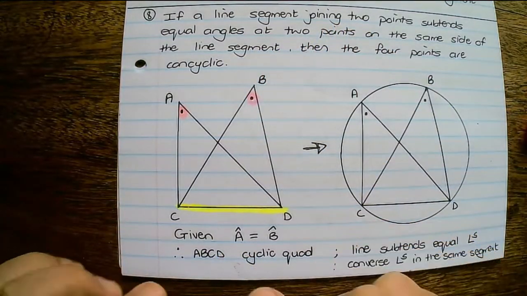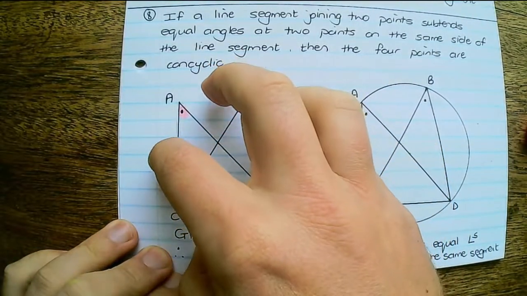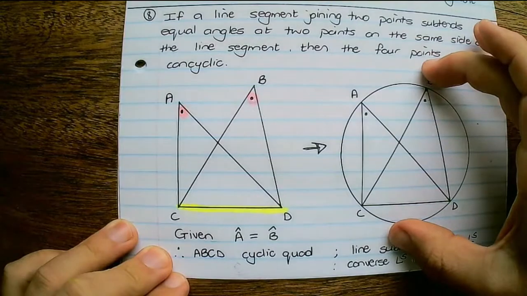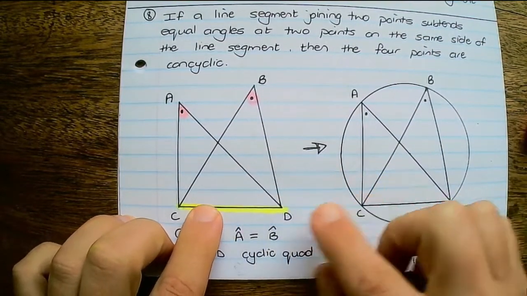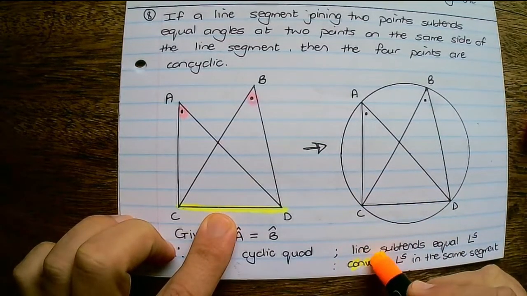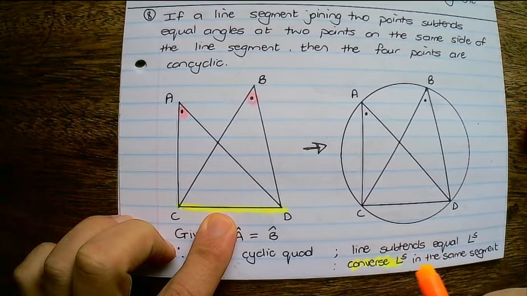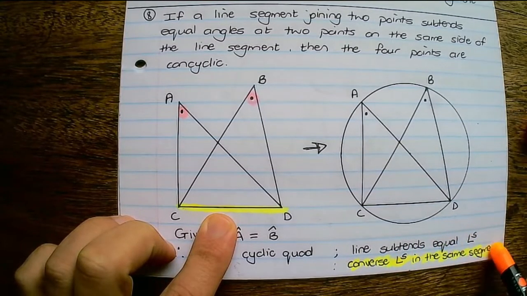So I've discussed the properties of this shape to form a cyclic quadrilateral, and when I discuss the properties of a shape to make another conclusion, we call that a converse. And the converse which I have discussed is angles in the same segment.